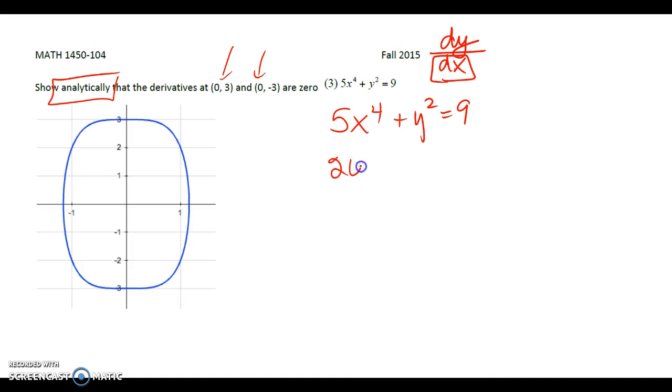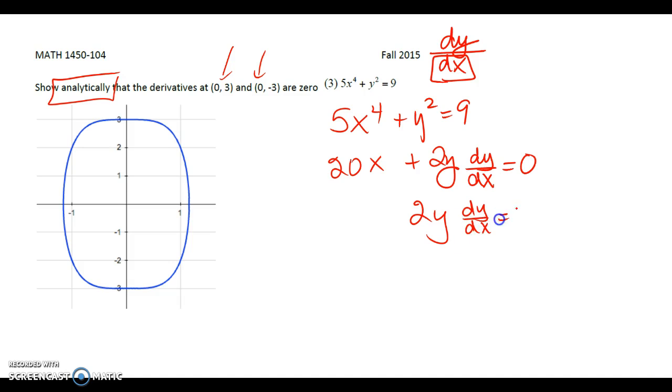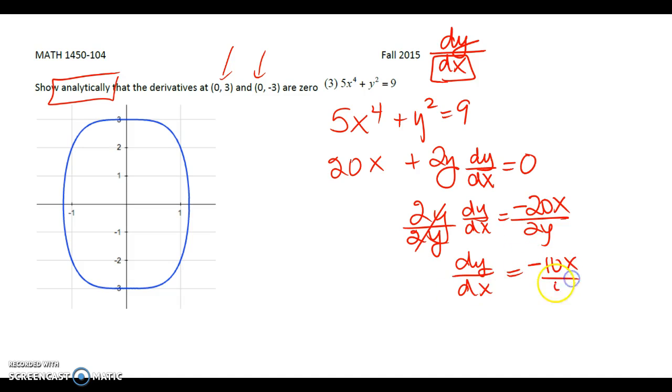So first it's 20x cubed times dx/dx, which is 1, plus 2y dy/dx equals 0. Derivative of 9 is 0. So 2y dy/dx equals negative 20x cubed, right? Divide by 2y. I'm going to simplify as negative 10x cubed divided by y.